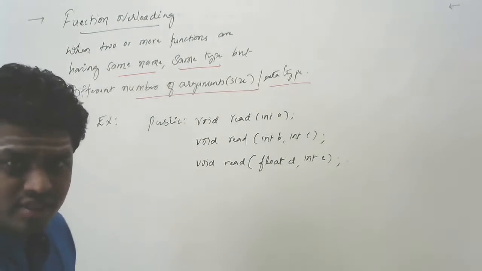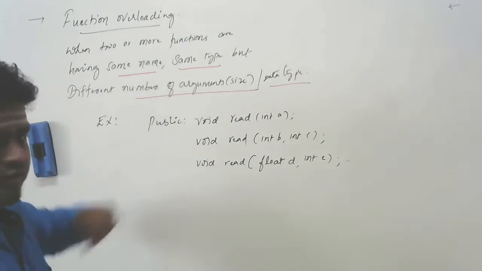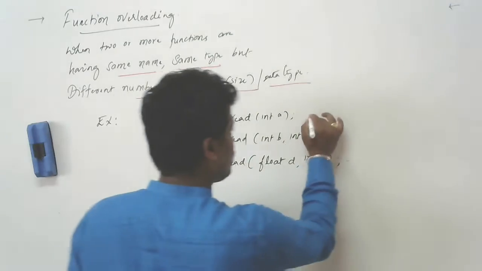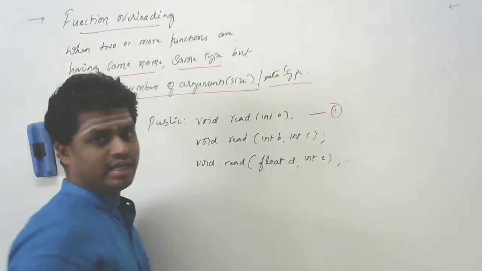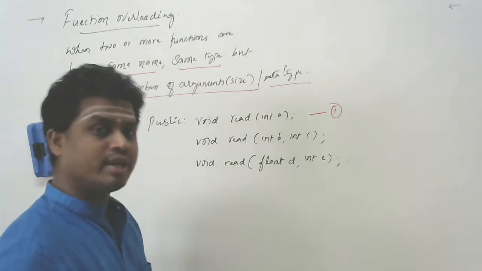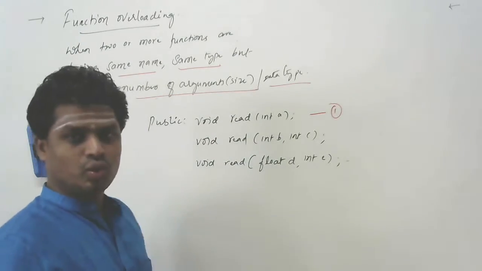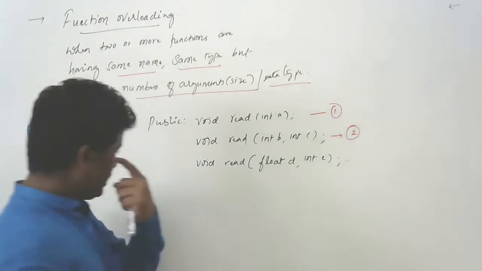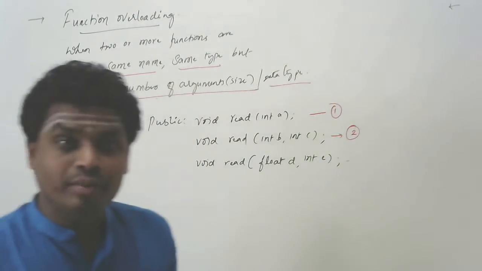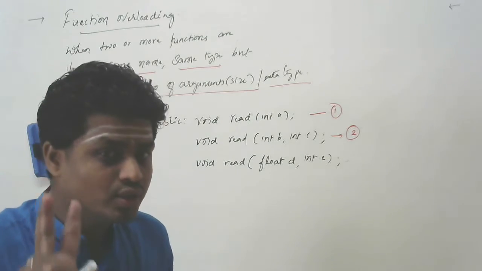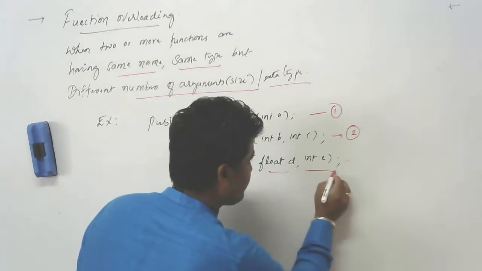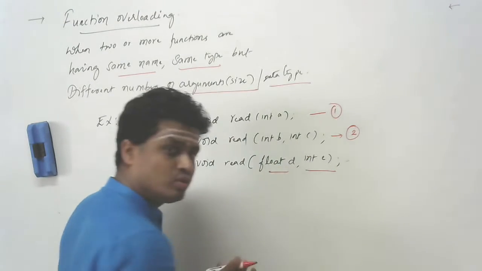So how many member functions have I called? Total 3. With the first function, how many arguments have I passed? 1 argument, that is int a. In the second member function, total 2, that is int b and int c. In the third member function, again only 2. But the difference is the data types. Here also 2, here also 2.